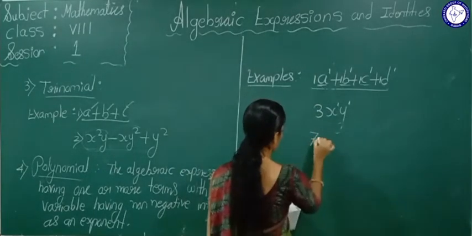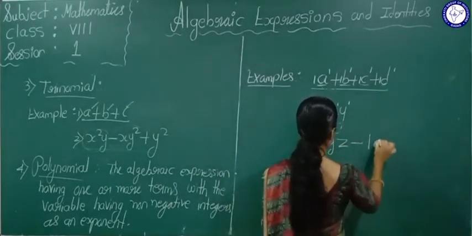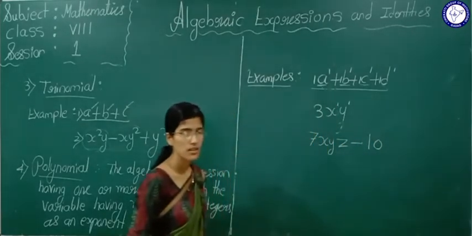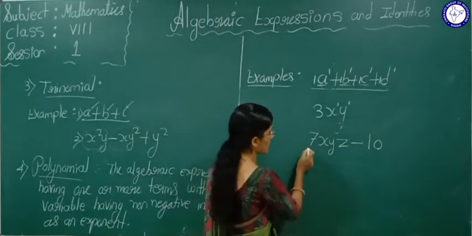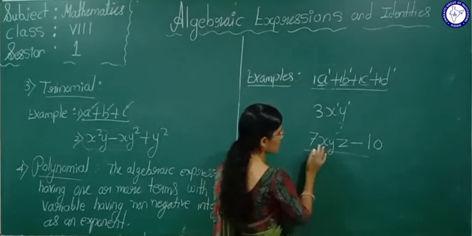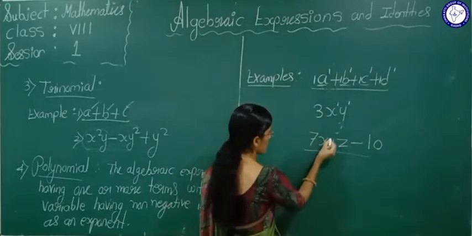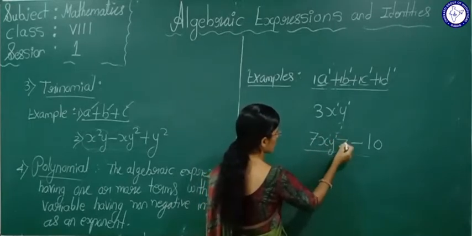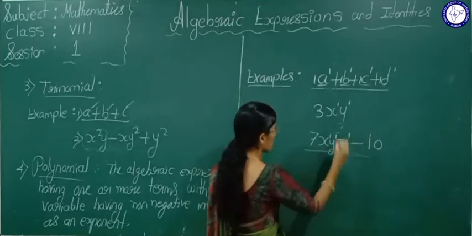Now see one more example. 7xyz minus 10. Yes, this is a polynomial, an algebraic expression having two terms. Here x power is 1, y power is 1, z power is 1. Here the powers should be whole numbers.